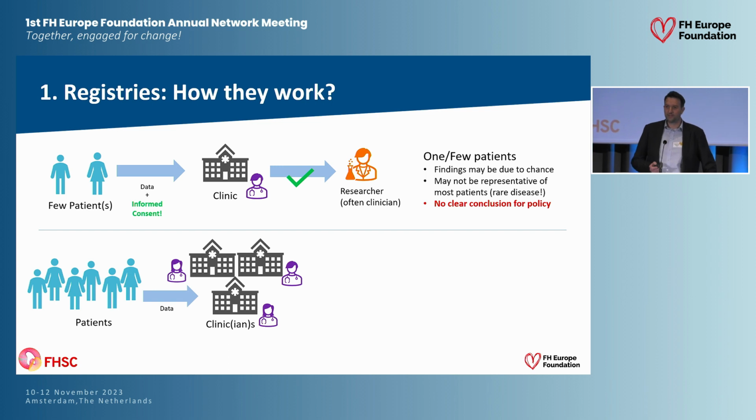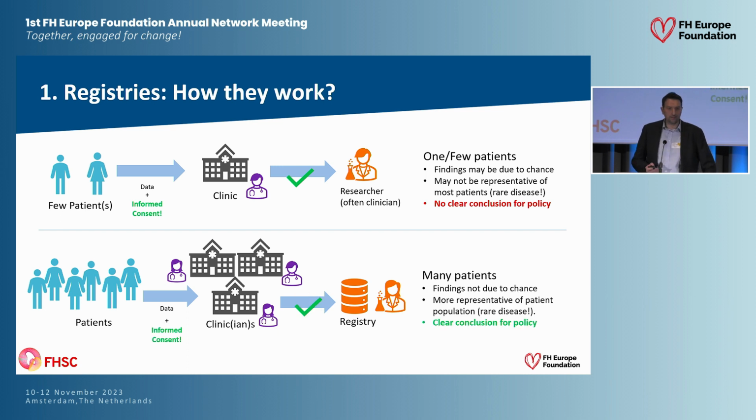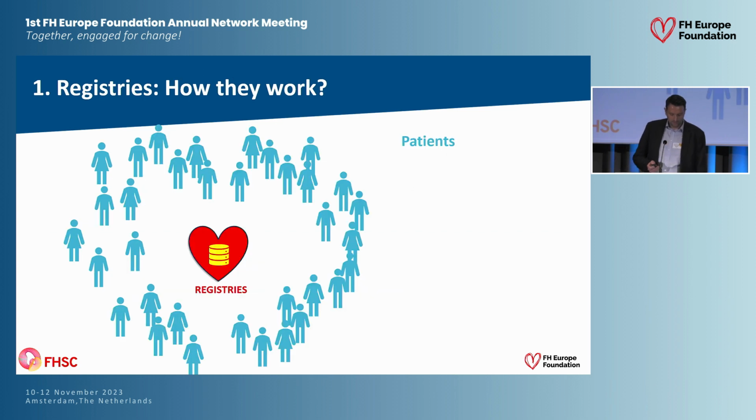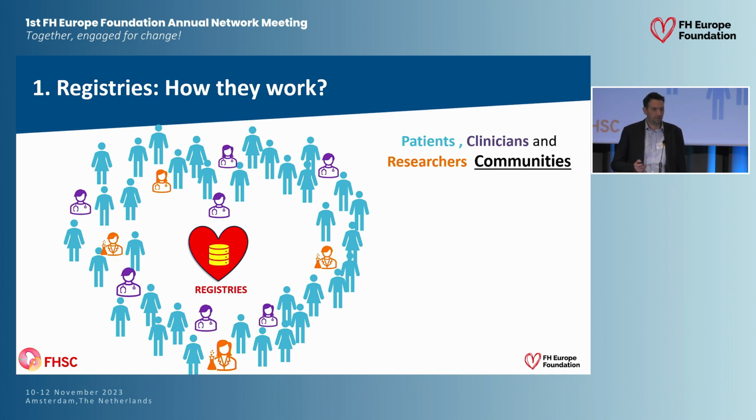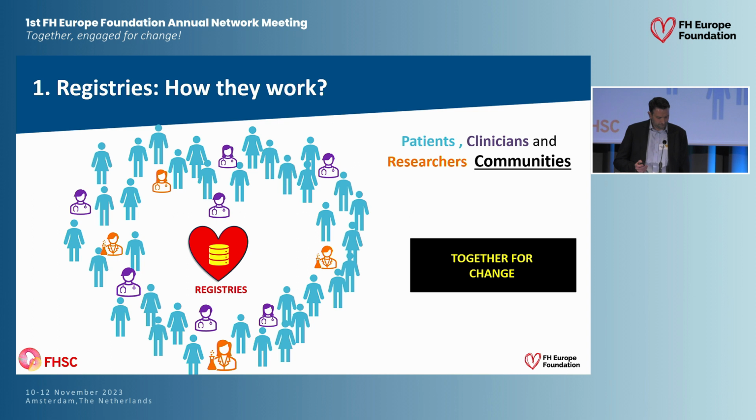While if many patients across different clinics and centers join and provide informed consent, then this data can be put together into registries, and the findings that are found in these registries can then inform policies and guidelines and will be less likely due to chance. So I like to see registry as patient, clinician, and researcher communities coming together for change.